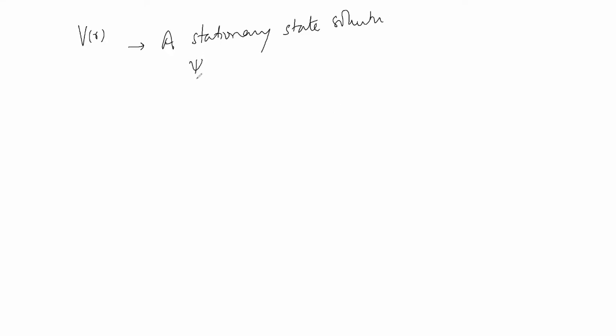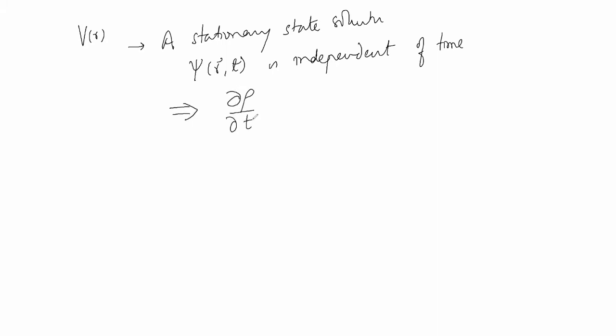Which implies that psi RT is independent of time. And that would imply that delta rho by delta T will be equal to 0.